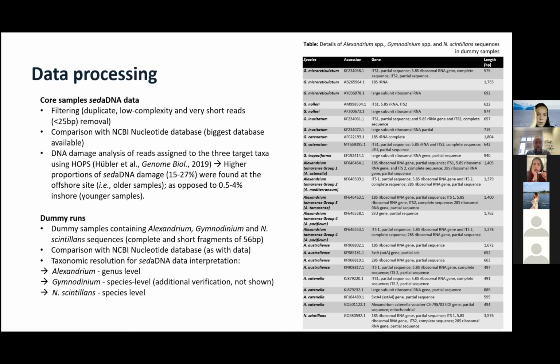We interpret Alexandrium at genus level, Gymnodinium at species level, in the context of the microreticulate group. That's a group of Gymnodinium species together with 4 others that are really similar to each other genetically. And Noctiluca scintillans is easily back assigned to the same reference sequence that you chose from the beginning. Did that answer the question?